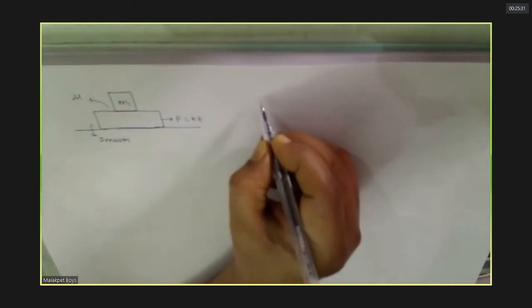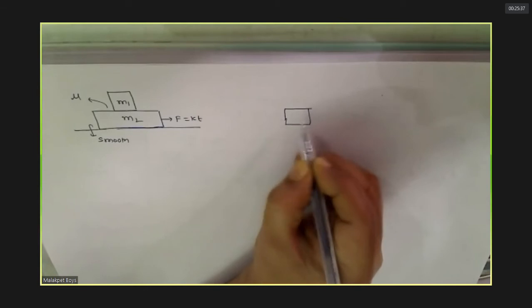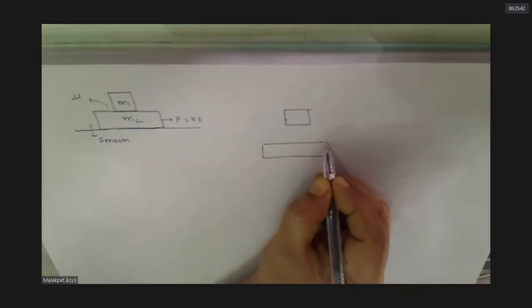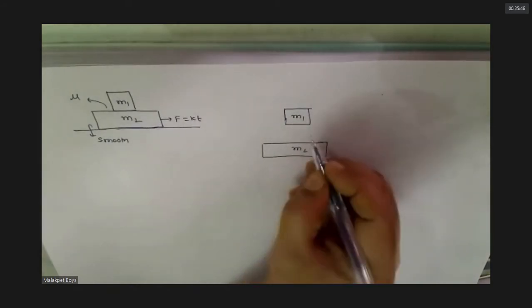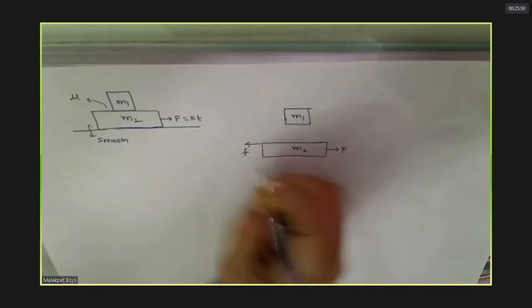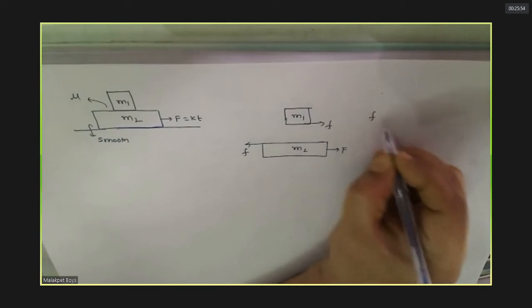Now what I said, concentrate on the block where there is only friction, there is no external force. Okay, sir. So this is F, this is F. Now you can see F can have a maximum value of how much?